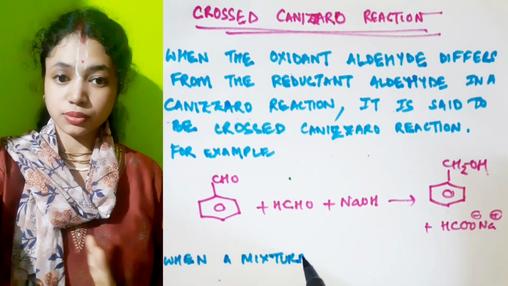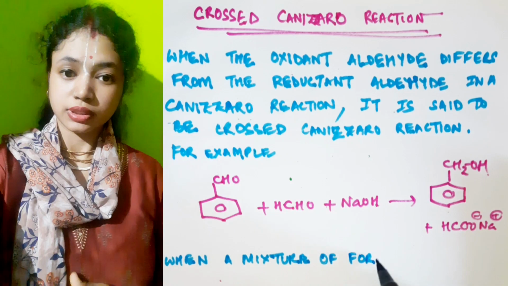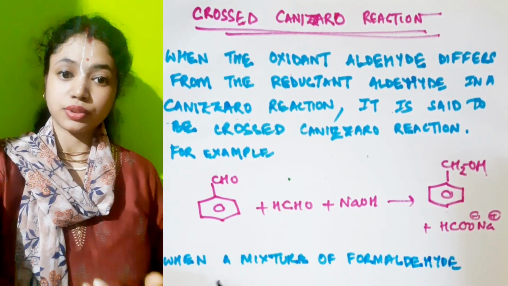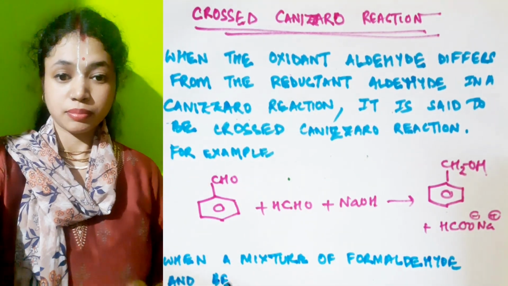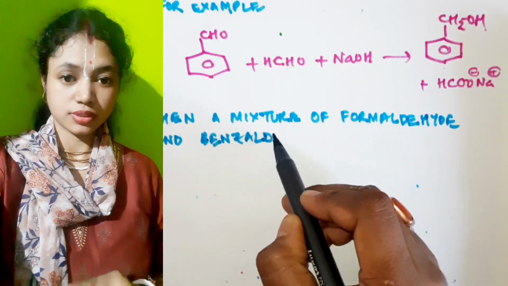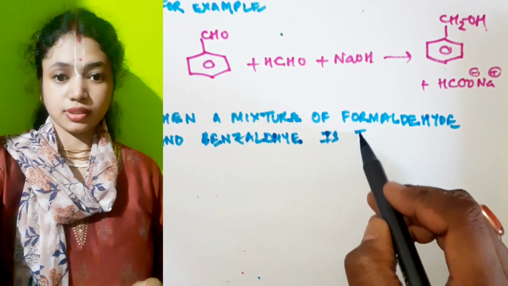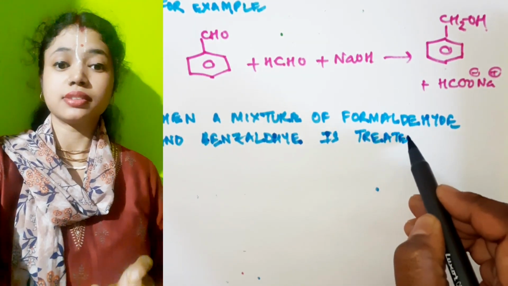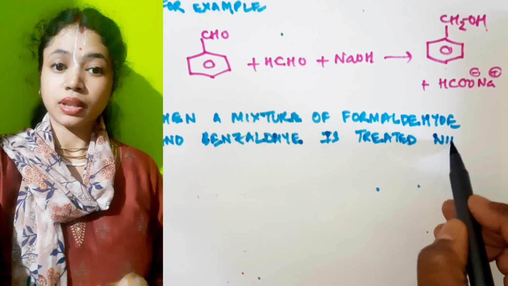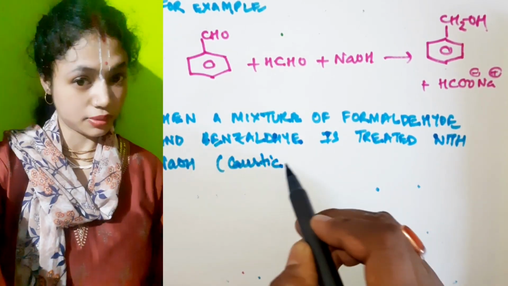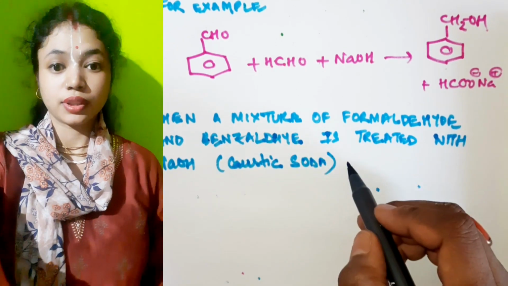So one molecule is oxidized to acid, and the other molecule is reduced to alcohol. So when this mixture of formaldehyde and benzaldehyde is treated with sodium hydroxide, you get two products: one is the alcohol, benzyl alcohol, and the other is the sodium salt of methanoic acid. So one is oxidized and the other one is reduced.